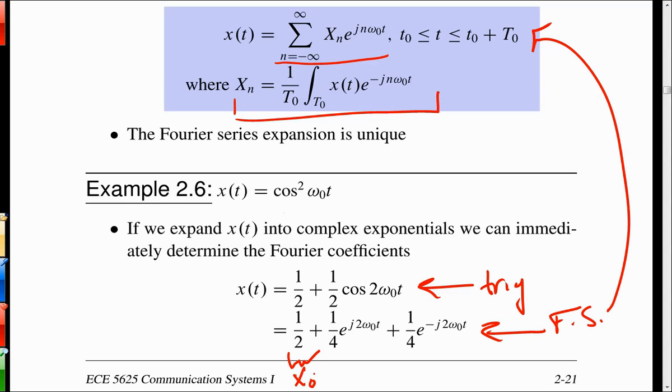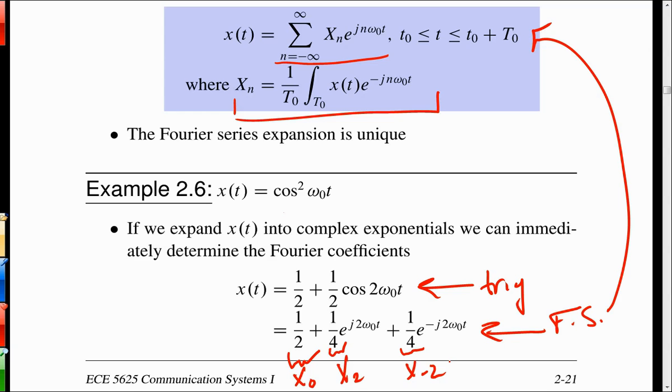And what are the other two that are present in this case? So the 2 omega naught term has got to be the second harmonic, right? It's at twice the fundamental. So this must be x2. And then this one, x of minus 2, right?